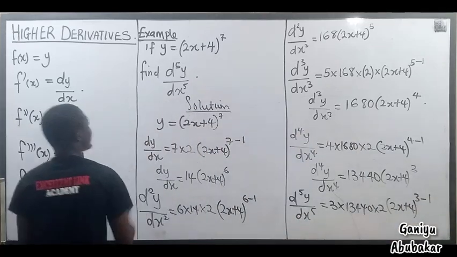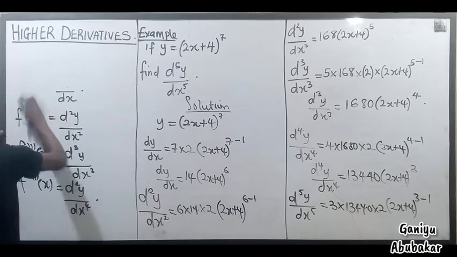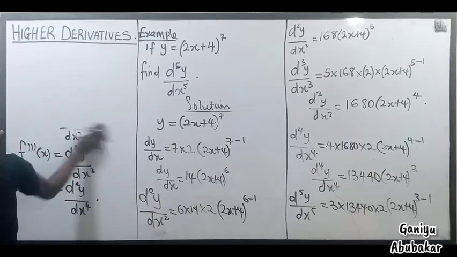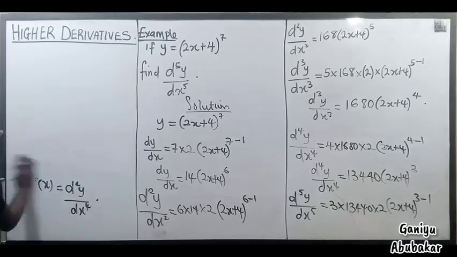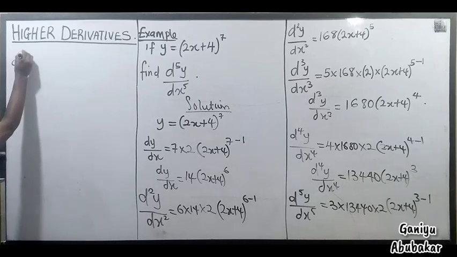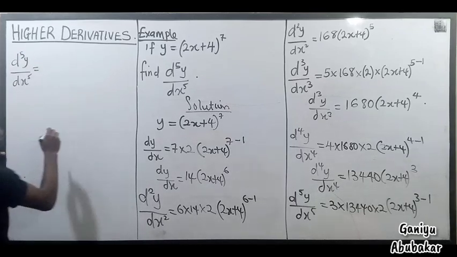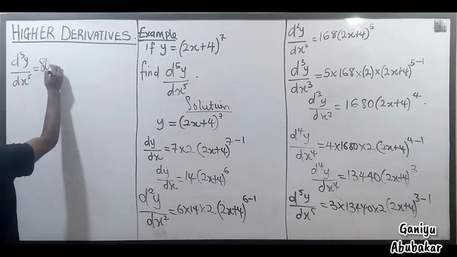Final answer for this here becomes 80,640. The d⁵y/dx⁵ is equal to 80,640 into (2x + 4) to the power 2.